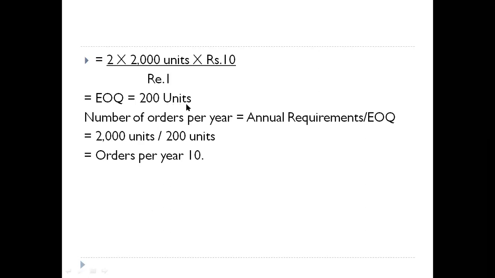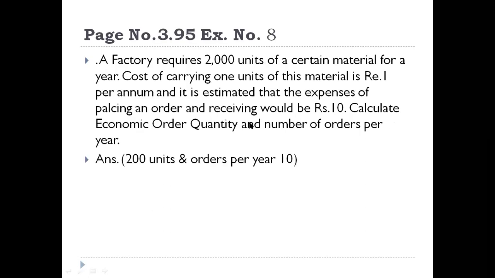Okay, so the first part we have answered, right? The second part: what is the number of orders per year? How many orders can we place for receiving the 2000 units? The 2000 units is the amount required for manufacturing your product in a company. So how should we purchase these 2000 units? In each order, 200 units only is required.